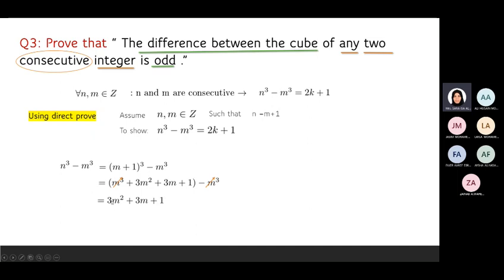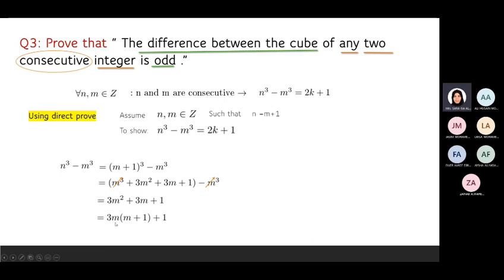What is common between 3m square مع 3m? The common is 3m. So I will take 3m as a common factor. What is left here is m, and what is left here is 1. If you look over the term 3m times m plus 1, is this an even term?